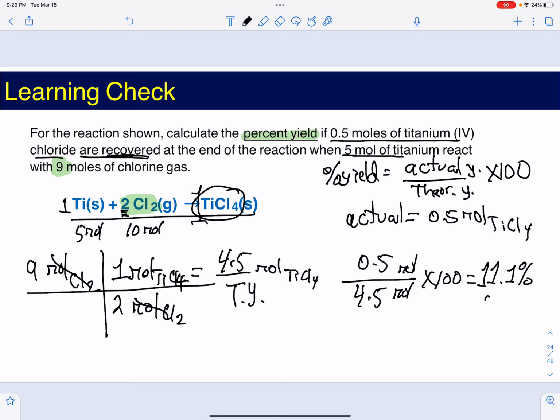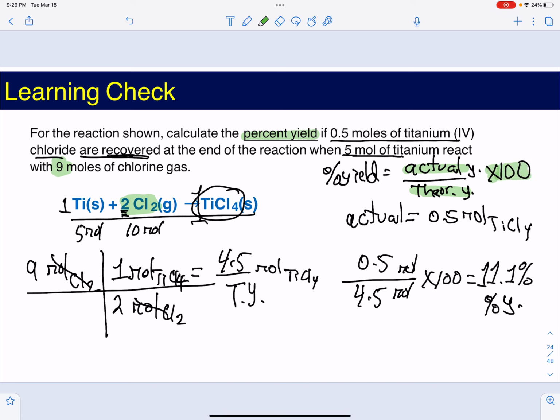So this is your percent yield. So once more, if you are asked to find the percent yield, the formula is actual yield divided by theoretical yield multiplied by 100.